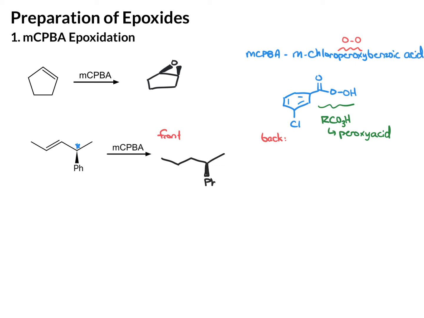I'm going to keep that chiral center with the phenyl group as is. And then where I had the double bond, I'm going to draw my epoxide on wedges for the front. And then if you add it from the back side, we'll put it on dashes. So in this case, we would get two diastereomers.